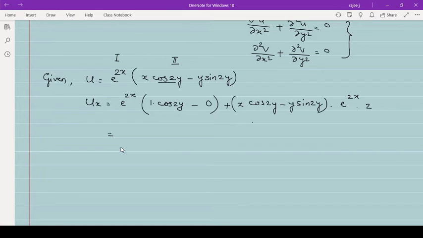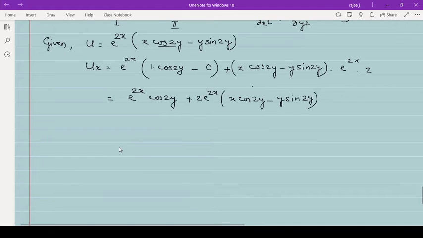So this is equal to e raised to 2x cos 2y plus 2e raised to 2x into x cos 2y minus y sin 2y. So this is ux. If needed, you can take e raised to 2x common and write that also, but that is not necessary.